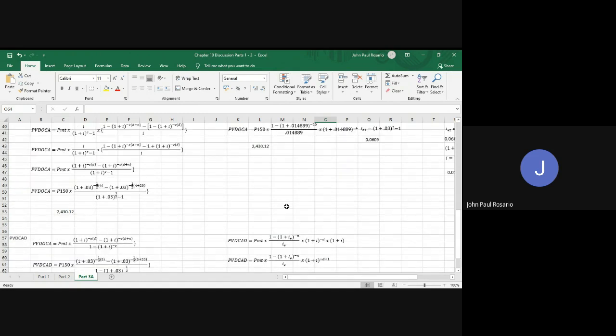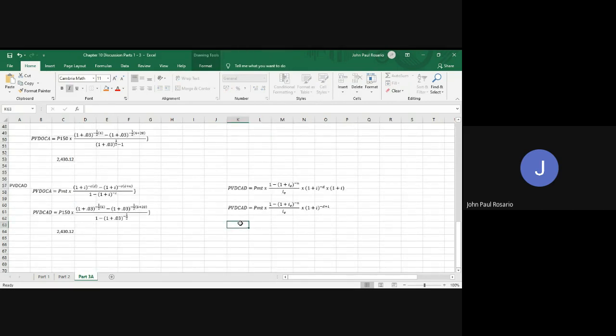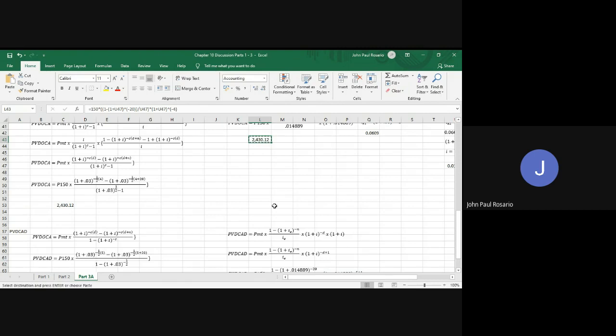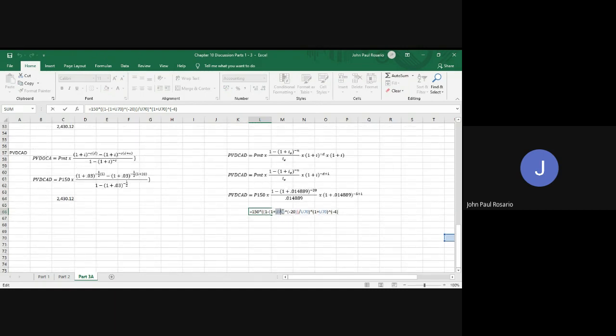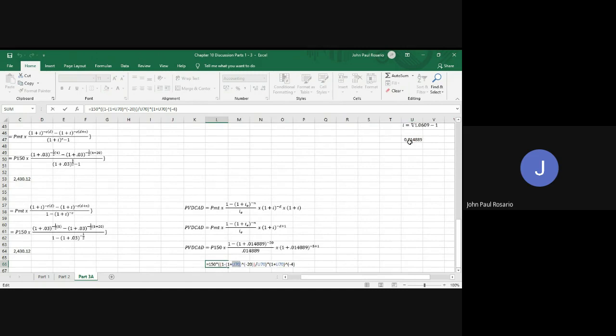With that in mind, when we replace the values, it should look like this. 20, and then negative 5 plus 1. When we solve for the amount, this should be our equivalent i, which is this one.